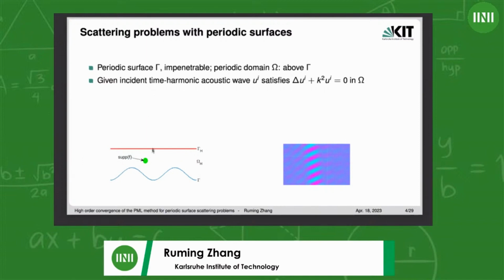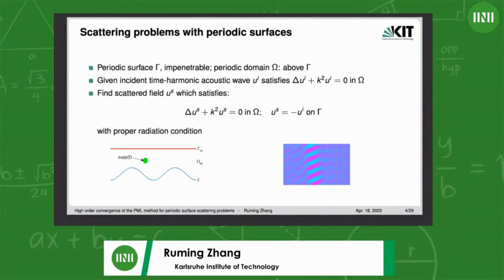Given an incident field ui from above gamma, it is scattered by the surface and produces the scattered field us. Then us satisfies the Helmholtz equation in omega, with k the real positive wave number. We also let us satisfy this Dirichlet boundary condition. This is just an example; we may also consider other kinds of boundary conditions.